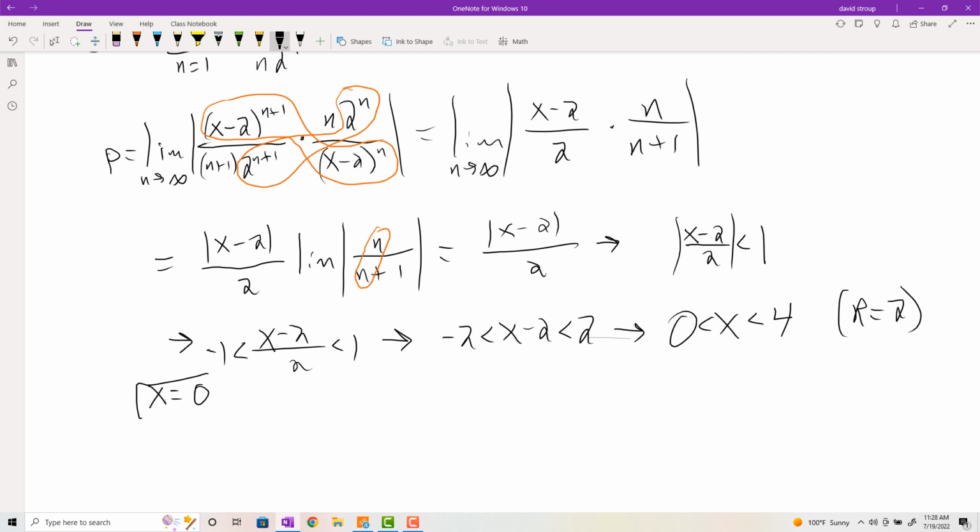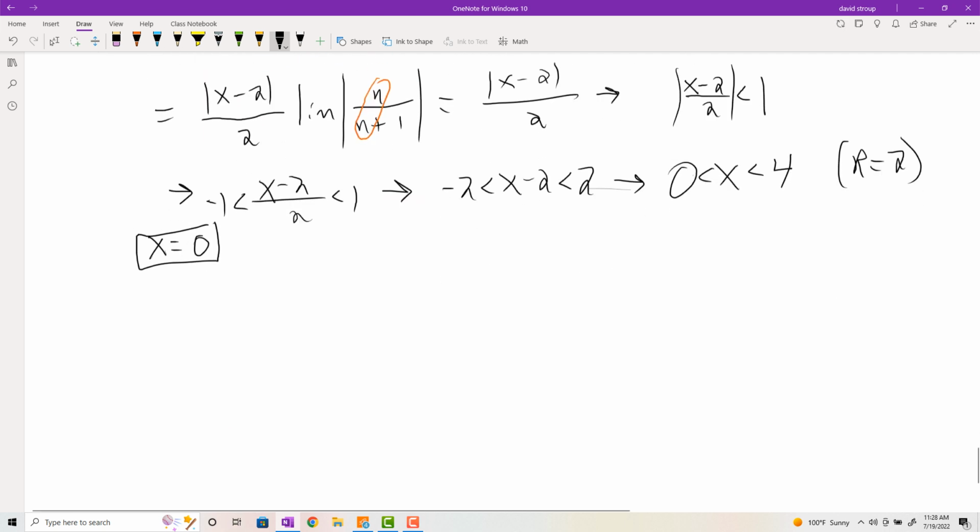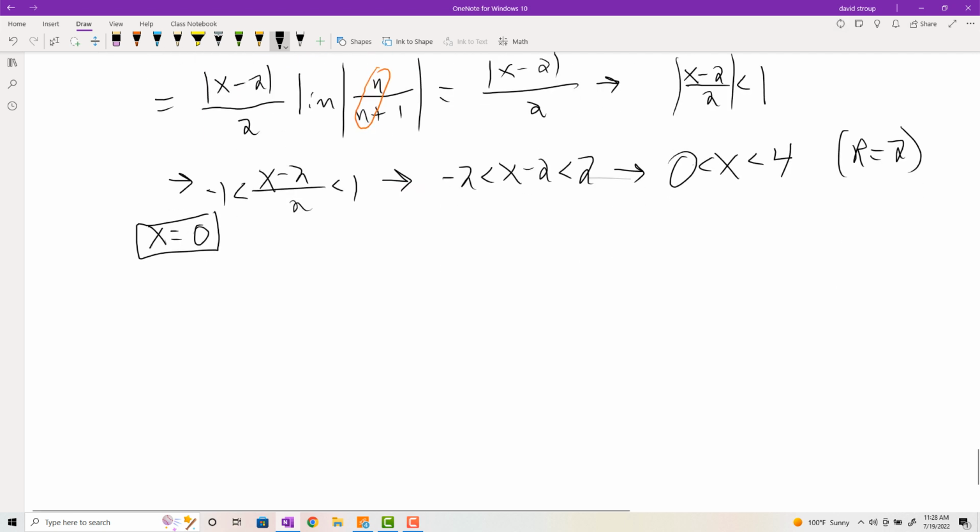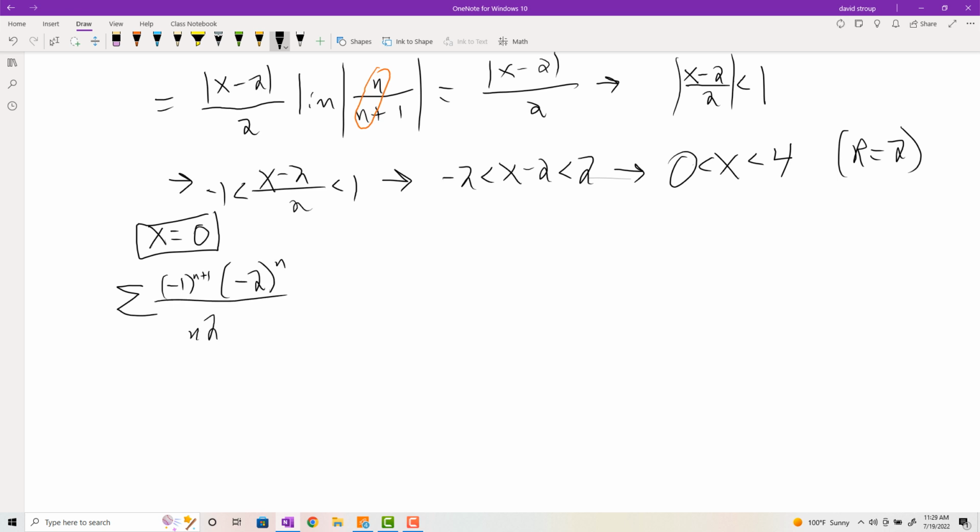So starting with x equals 0 and putting it into the original series, I'll have the series (-1)^(n+1) times (0 minus 2), which is (-2)^n, all over n times 2^n. And now I need to simplify this before I can really see what's going on. So I'll have the sum of (-1)^(n+1).